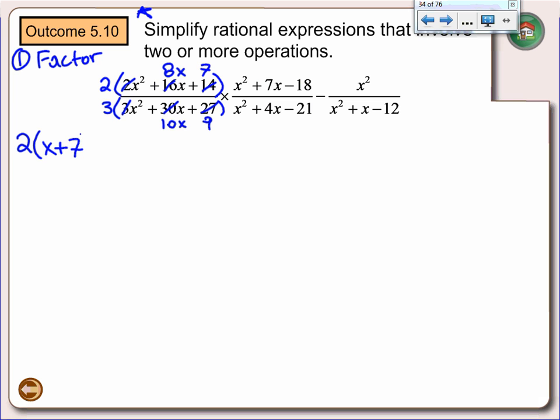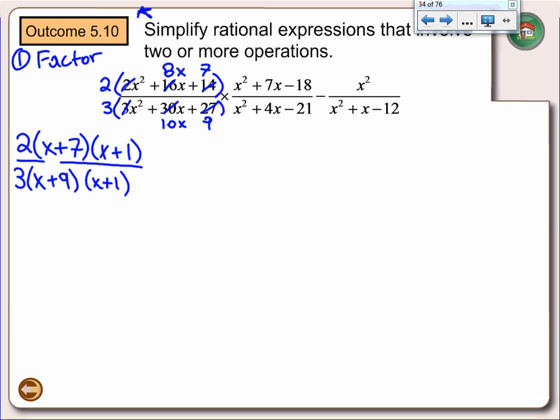On the bottom, we're going to get 3, and then things that multiply to be 9 and add to be 10 are going to be x plus, sorry, I shouldn't double bracket it. Be x plus 9, x plus 1. So that's the very first fraction factored.